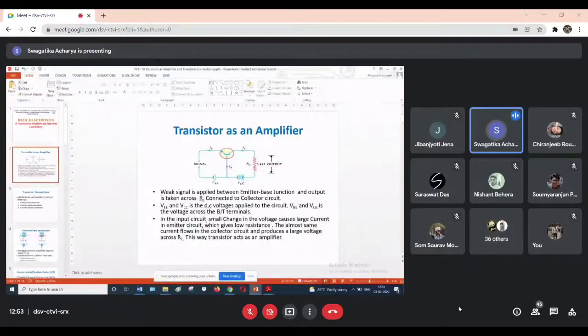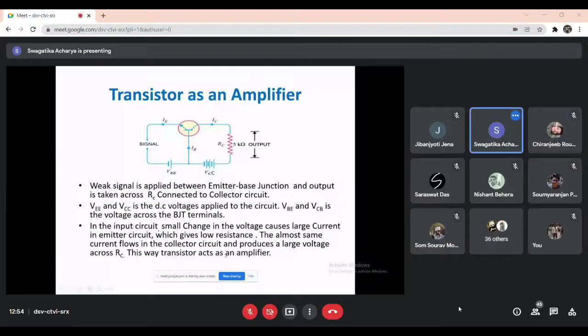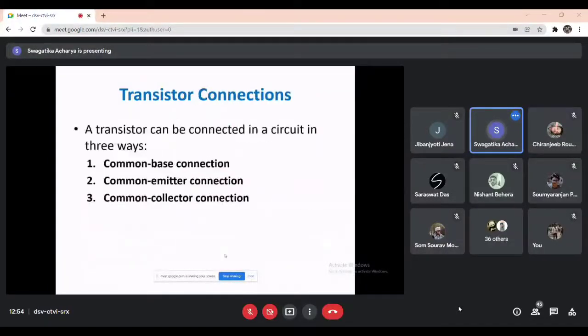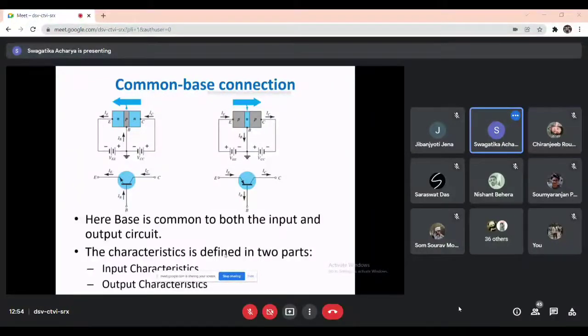So normally we will see what our transistor is. Okay. There are the configurations. I will start with the basics first.